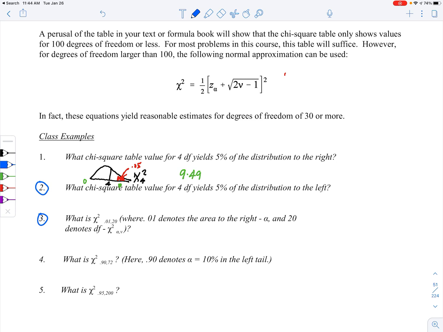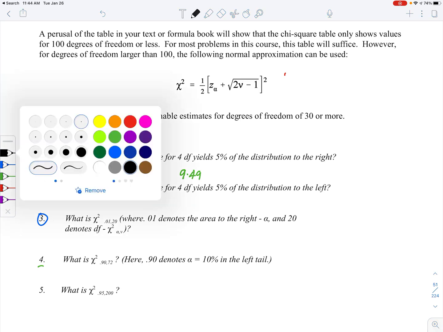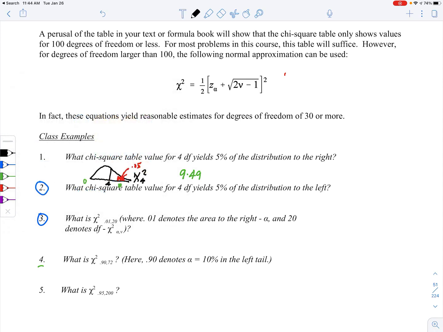Let's do the same with this one, number 4, where we're taking a look at chi-square 0.90. If we look at a chi-square distribution like that, we're talking about 72 degrees of freedom. So 72 would be in the middle, and the number that we're given here is 0.90.